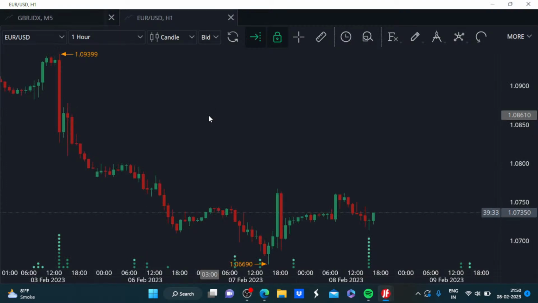This is the Euro USD chart with each candle period defined at the hourly time frame. Here you can find these belt holds simply by doing a quick search. Type in belt hold, and here it comes.